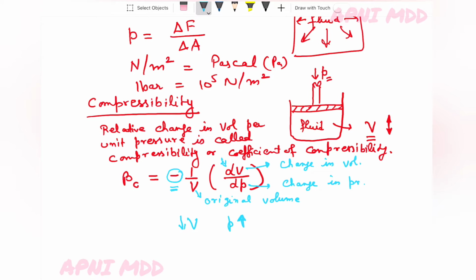Okay. Now there is one more term that is called bulk modulus of elasticity.